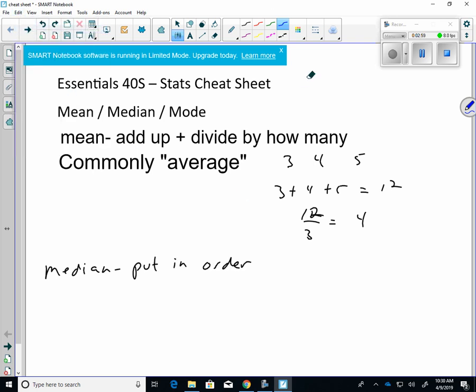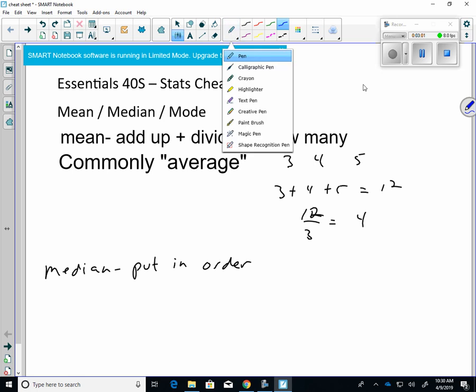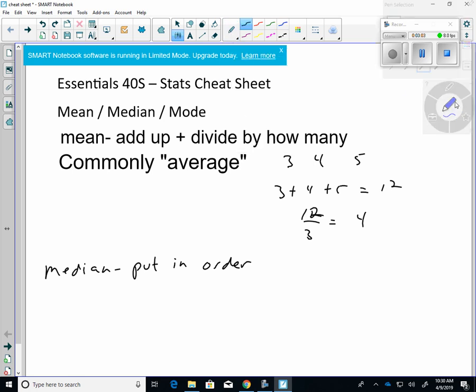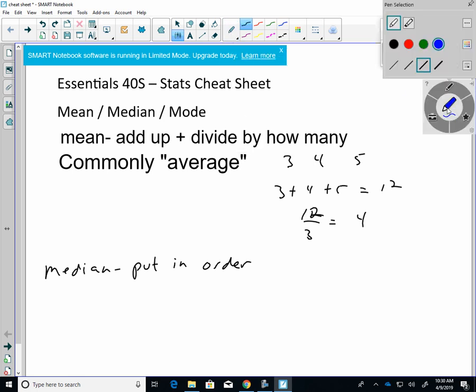Okay, so to find the median, we put them in order. Pick the middle one, right? Put them in order, pick the middle.